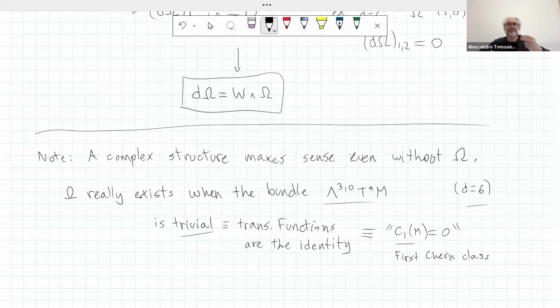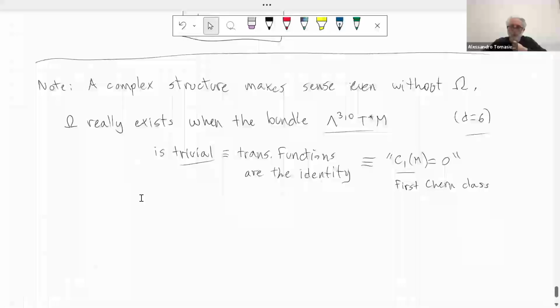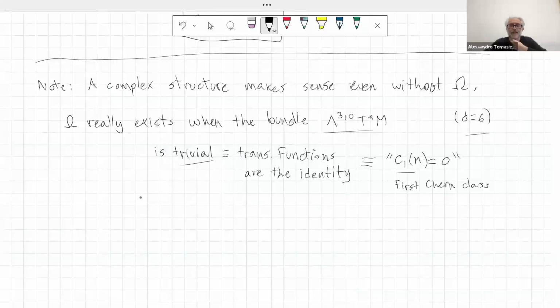But it is just some computation that detects whether this bundle is trivial or not. So it will be an alternative characterization of what it means for omega to exist or not. For us, it will be enough to have this characterization in terms of omega.